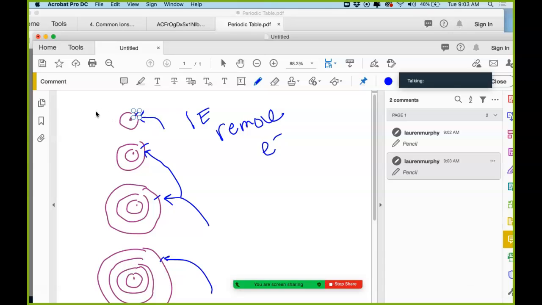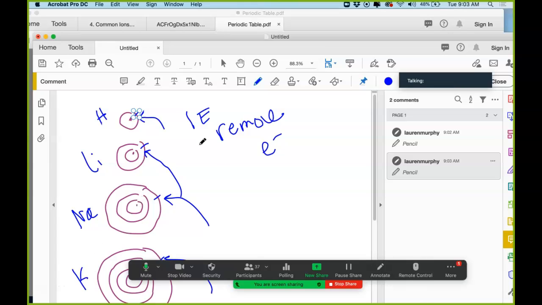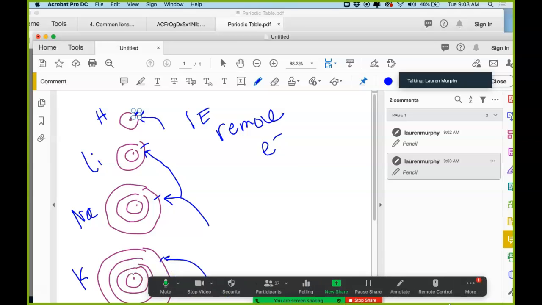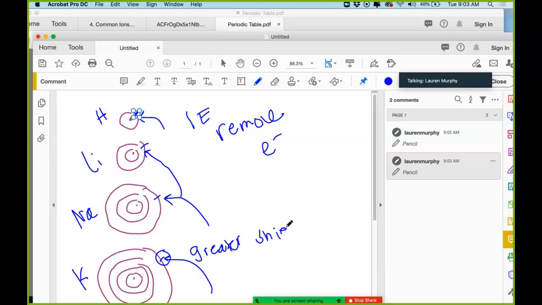Okay, so hydrogen, lithium, sodium, potassium. Hydrogen is the smallest of these and potassium is the largest, meaning this electron in potassium experiences greater shielding effect.